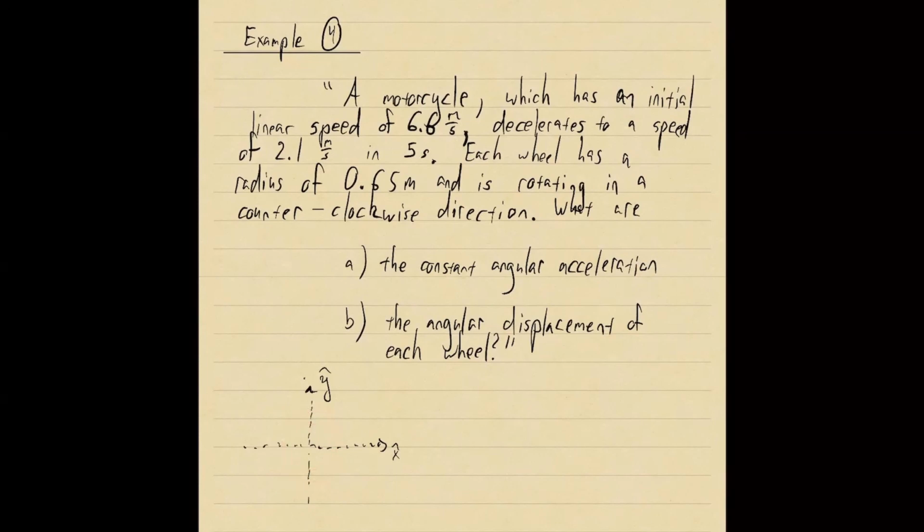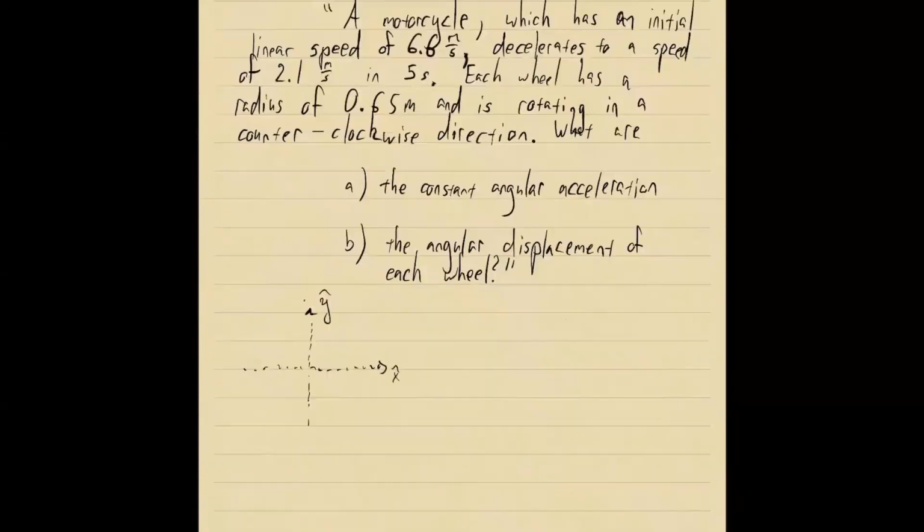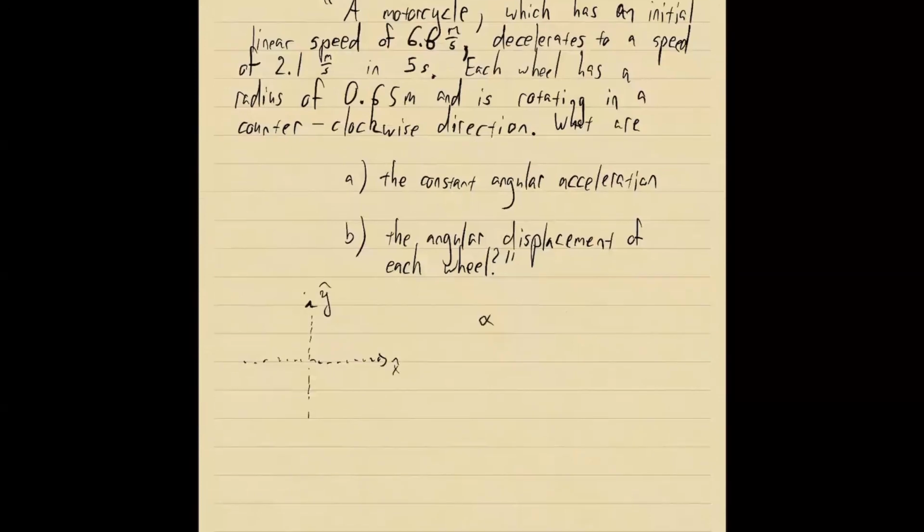So this little bit that they added here, which says that the wheels are rotating counterclockwise, just means that our angular acceleration is positive.